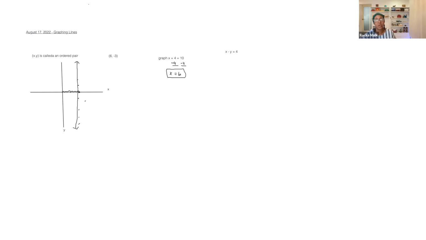So I'm going to have to do it twice. I can do a table of values where I just come up with numbers out of my head and plug in and see if x was this, then y would be this.